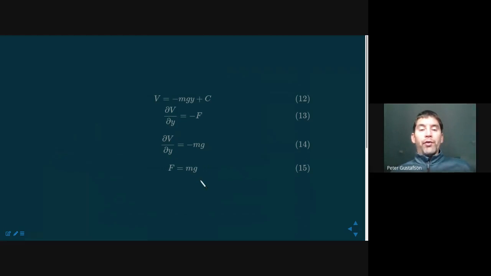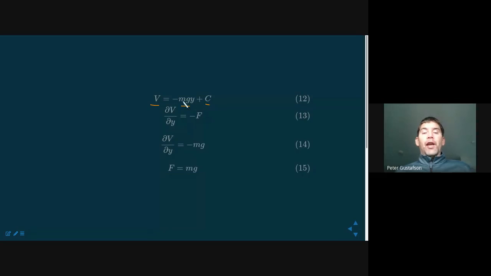So what is the potential function? Well, it's pretty straightforward. You've seen it before. Here I'm going to say that V, the potential, is equal to minus mgy plus c. C is just a constant in this case. mgy, you can think of as mass times gravity times the height.